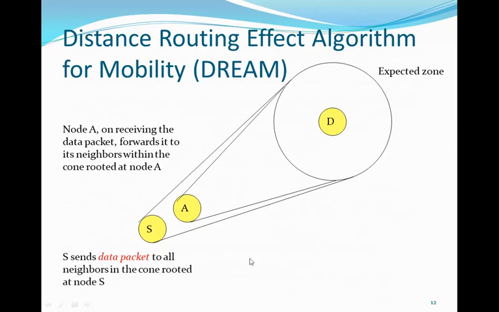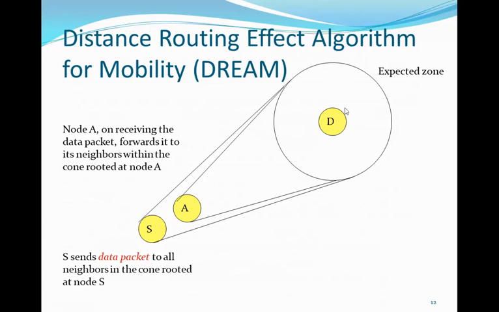It is not in the form of a circle that everyone will receive, but it is in the form of a cone, and it is some sort of very specialized operation toward that particular direction in which the destination node moved earlier. So sender node S will send the data packet to all neighbors in the cone rooted toward node D.